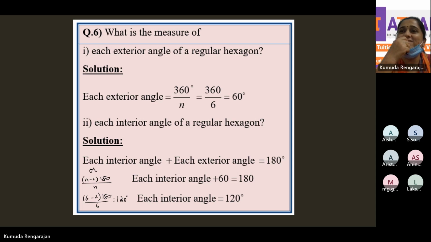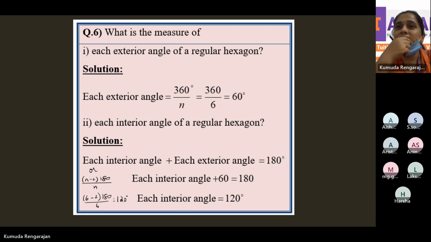Huh? Which one? Yes. Sorry? It's about the subject.